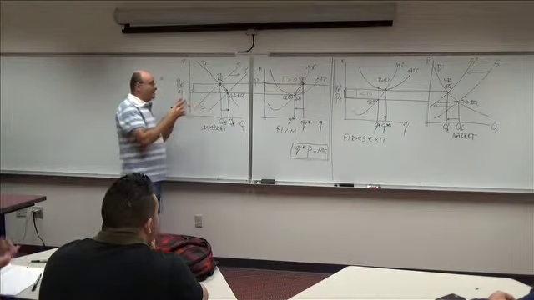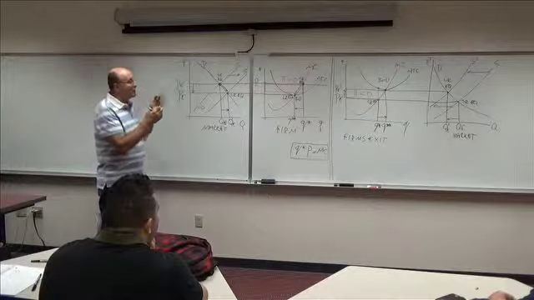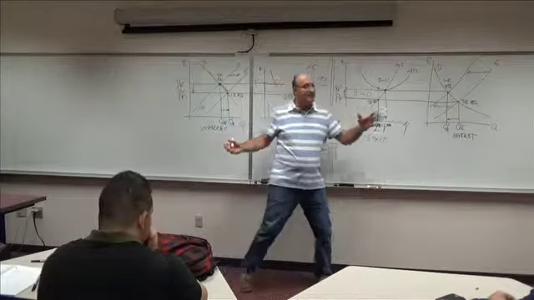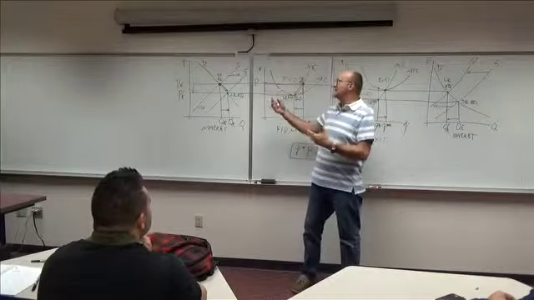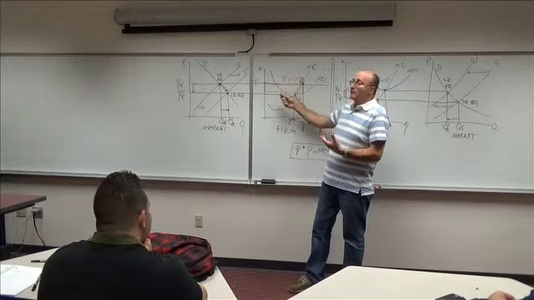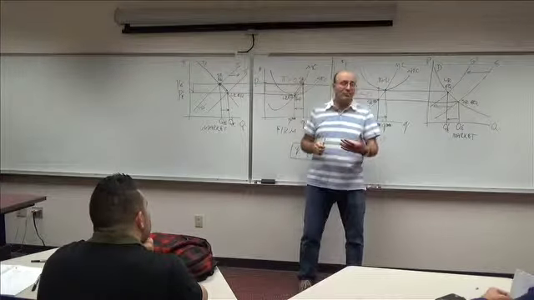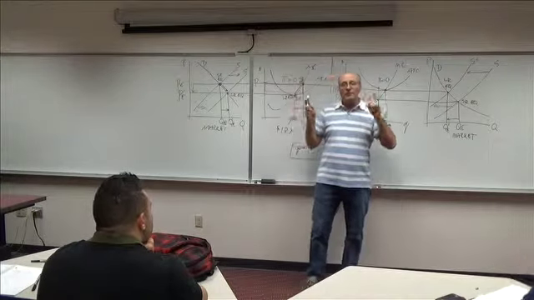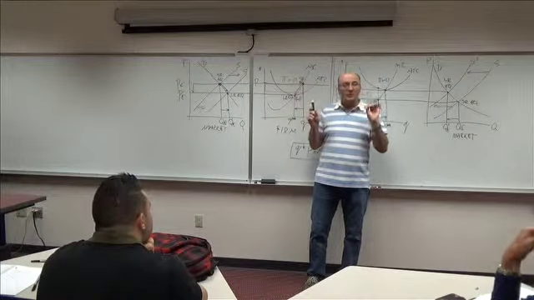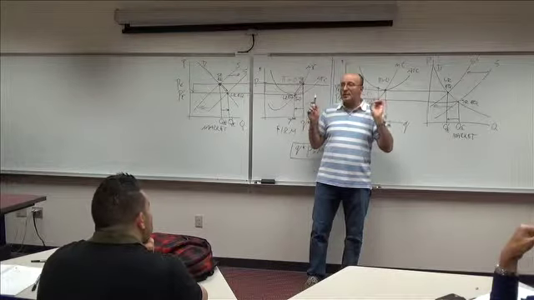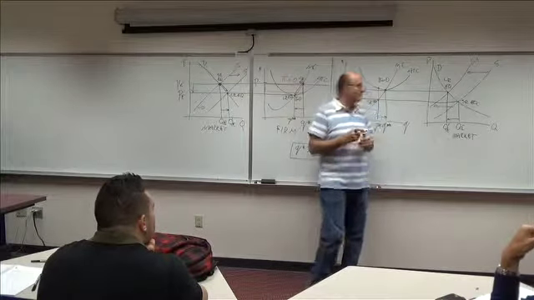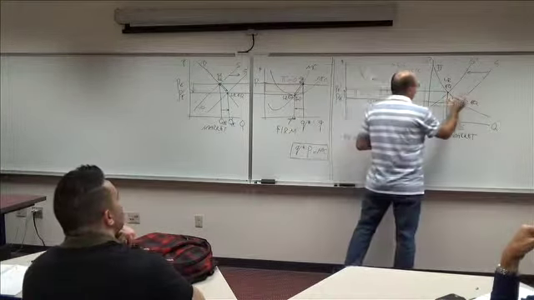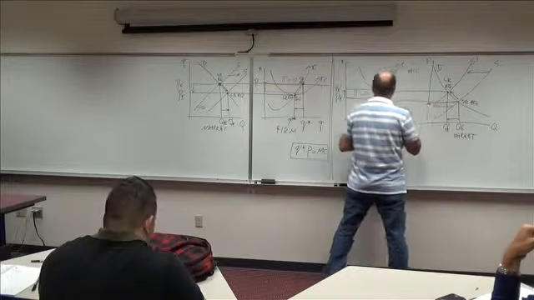Let's now try and focus on what these two examples have in common. One shows the industry initially, or firms initially producing positive economic profit, here negative economic profit. Over a long period of time, in the long run, what happens to both those industries? Where do they end up?